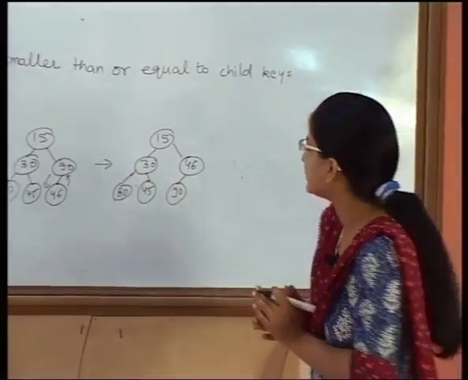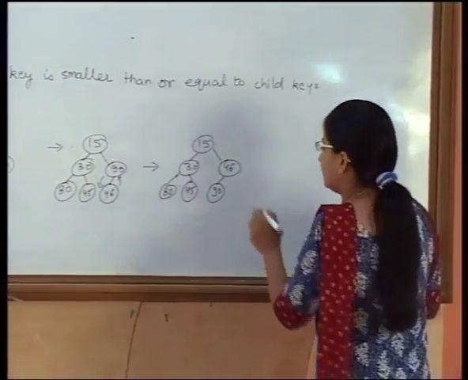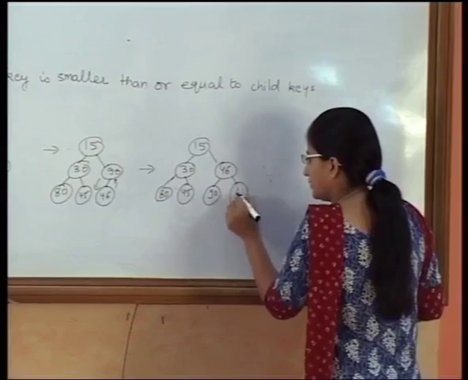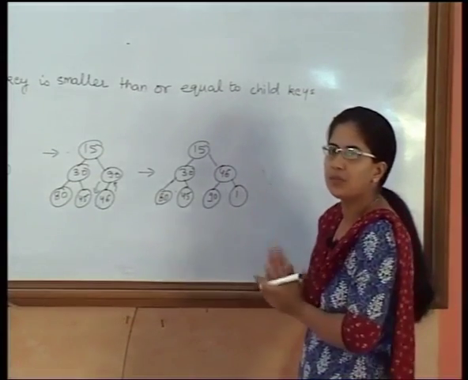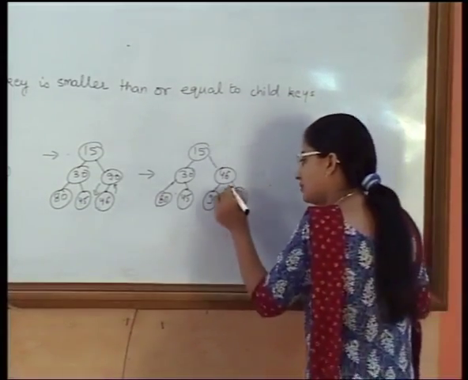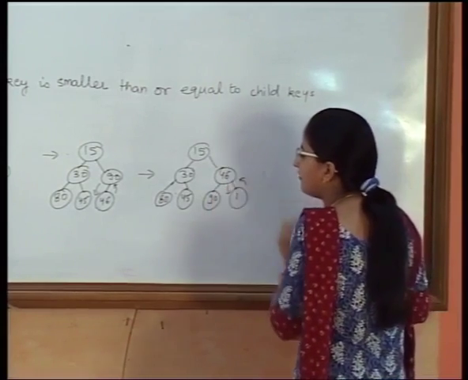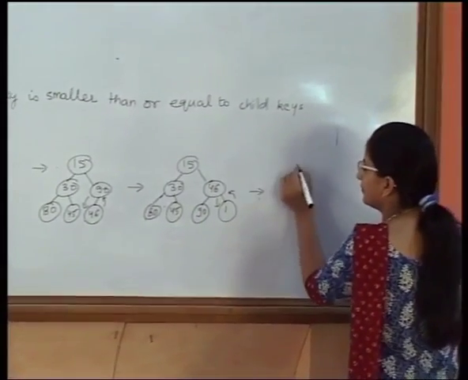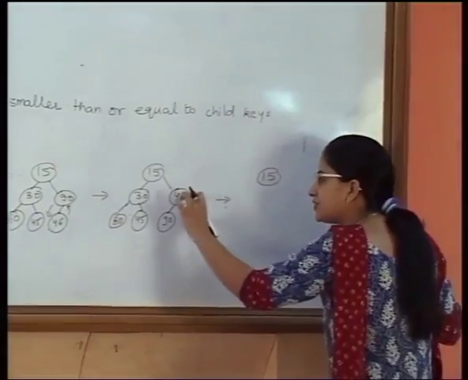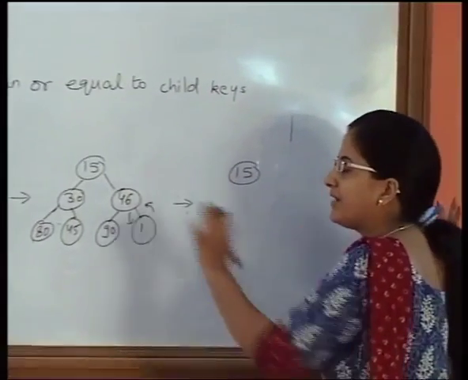Next 1. Again the min heap property is not fulfilled. Heapify will be called. So there will be an interchange of keys between parent and right child.